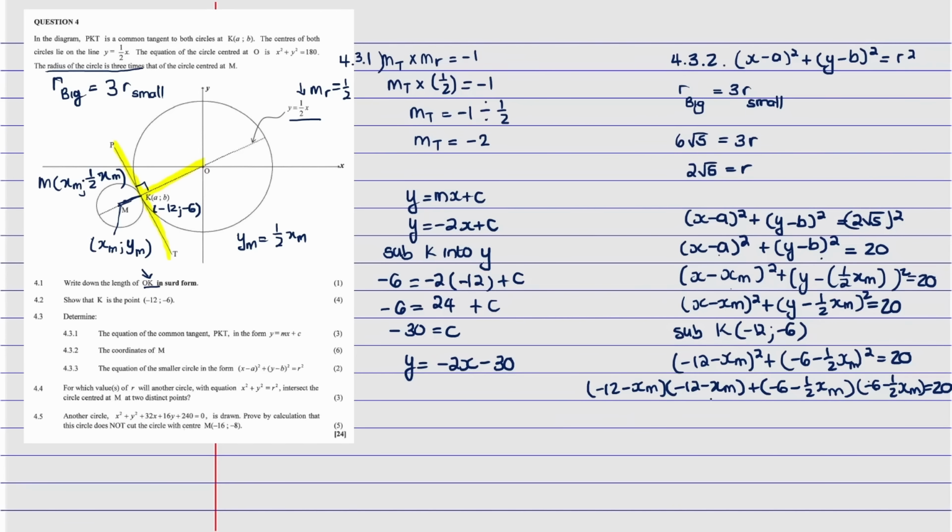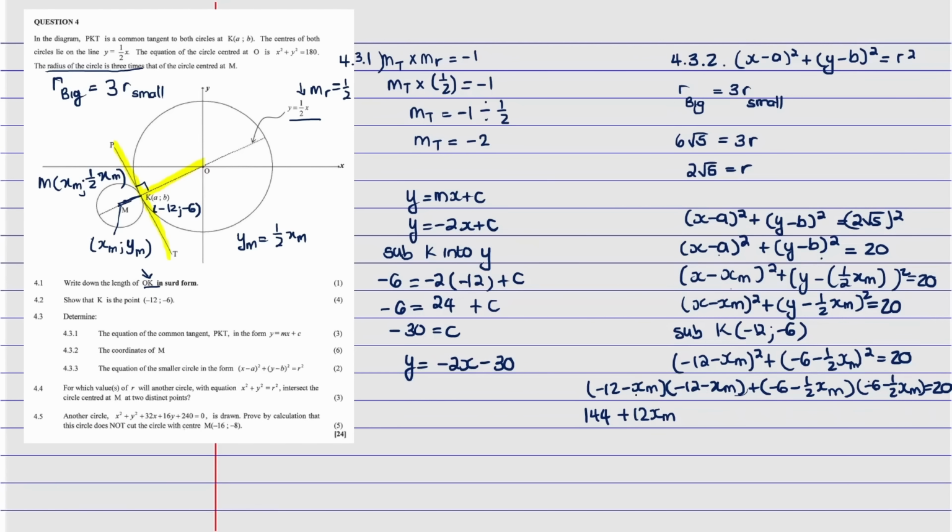So now let's expand this. It's going to be negative 12 multiplied by negative 12. Negative 12 multiplied by negative 12 gives positive 144, right? Then negative 12 multiplied by negative xm is going to be positive 12xm.